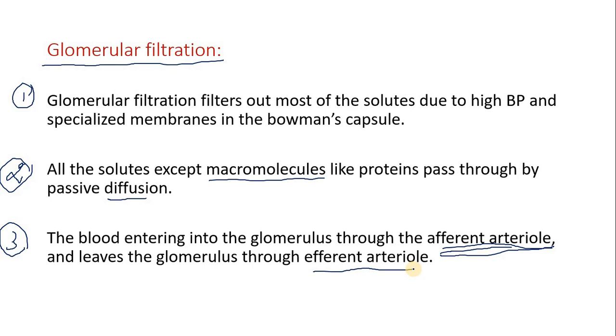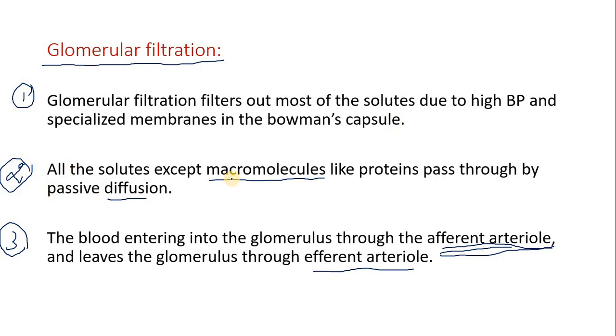I told you the filtration process. And now what are the solutes? Blood entering into the glomerulus carries especially urea, water, various salts, RBC, that is red blood corpuscles, WBC, white blood corpuscles, glucose, amino acids, and proteins, etc. All the constituents except macromolecule I have already shown in the second point.